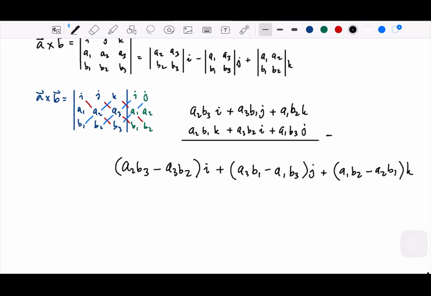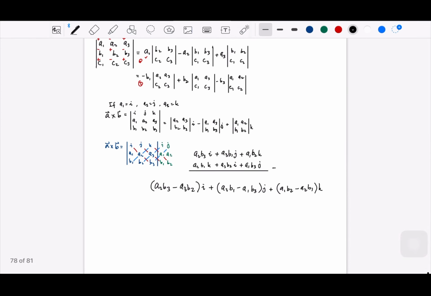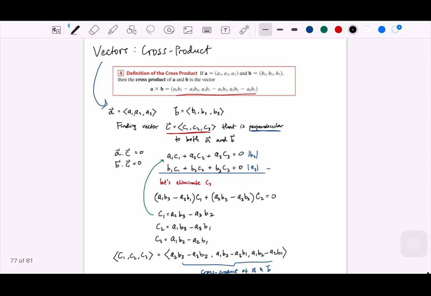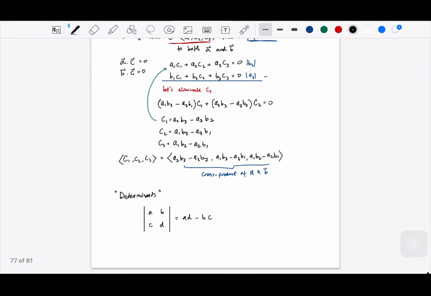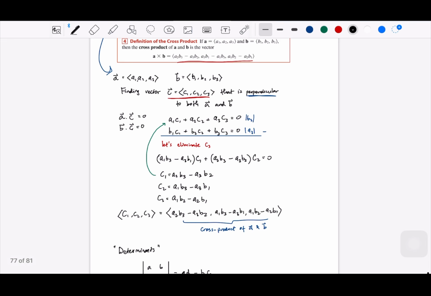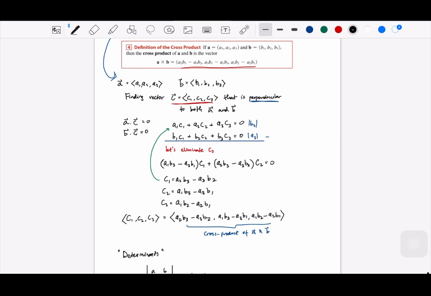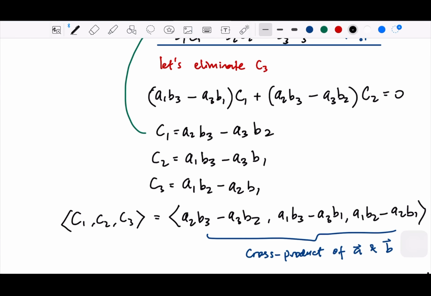Okay, I think this will get the correct result, right? This is, we say, the same A cross B, right? I think I made a mistake here.